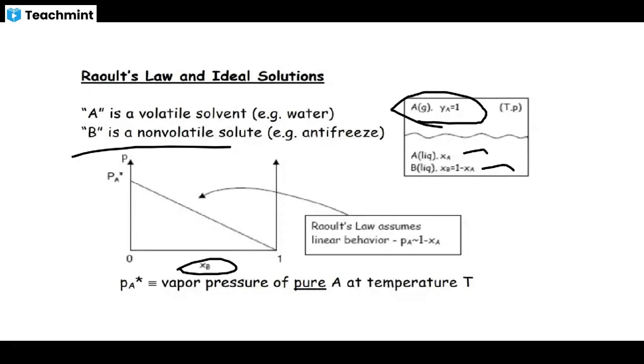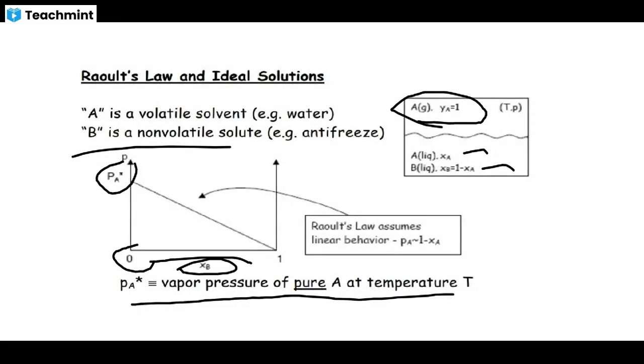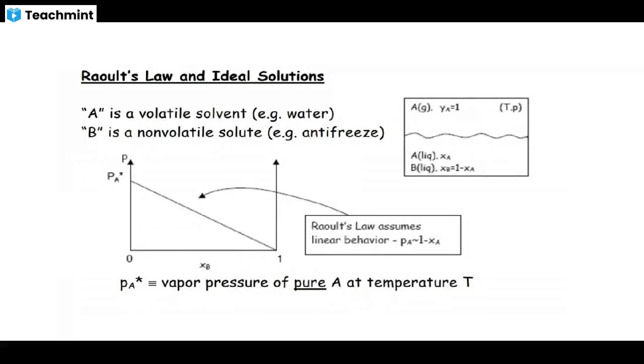When XB equals 0, the solution is pure A, so the vapor pressure of A is that of pure A. When XB tends to 1, the solution is fully B. Here X is the mole fraction of B. If you take small amounts of impurity or non-volatile solute and increase it to a high value, the partial pressure decreases. That is Raoult's law.